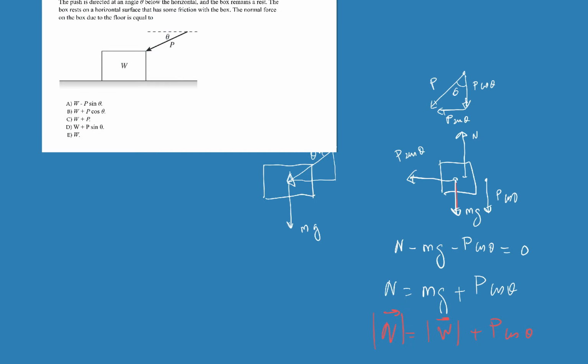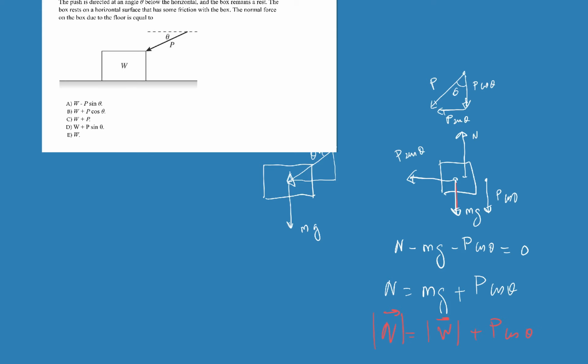Let's go. Read this problem and try to solve it. Okay, the trick to solve this kind of problem is to interpret correctly the information that the problem is giving. First of all, the problem is saying that there is equilibrium. If there is equilibrium, the sum of all the forces is 0.